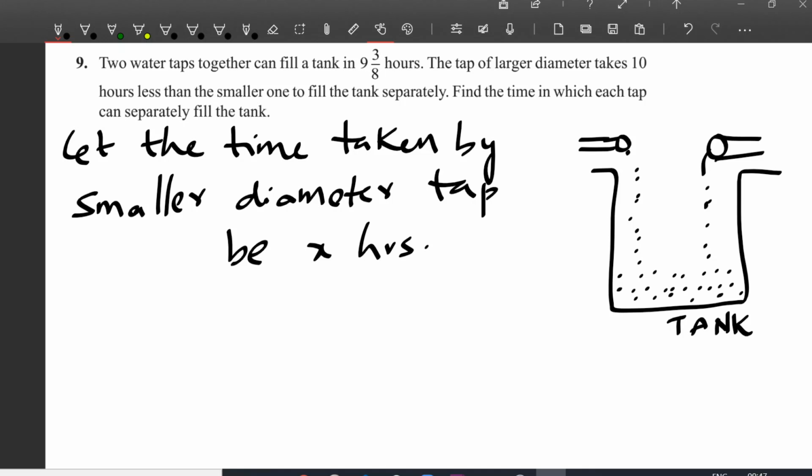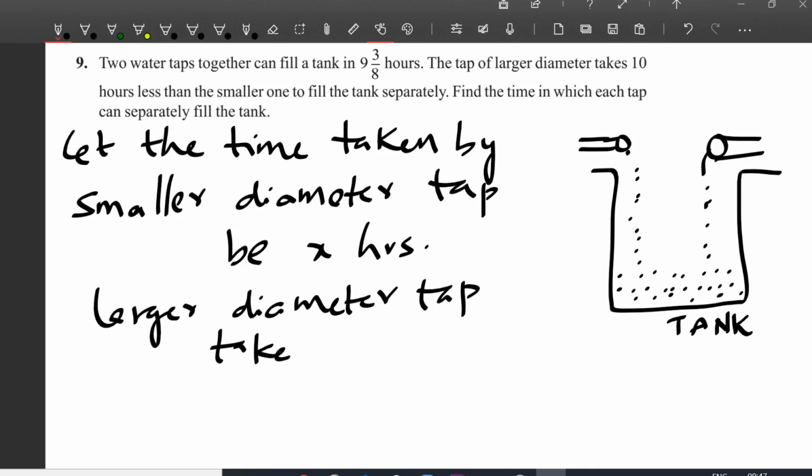Okay, and the time taken by the larger diameter tap, since he's saying in the question it is 10 hours less than the smaller one, so the larger diameter tap takes x minus 10 hours.